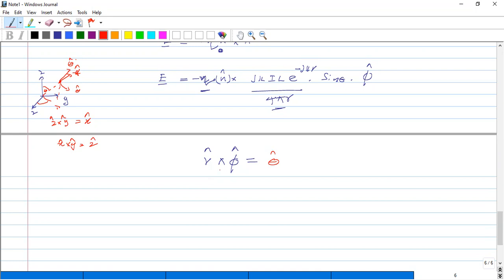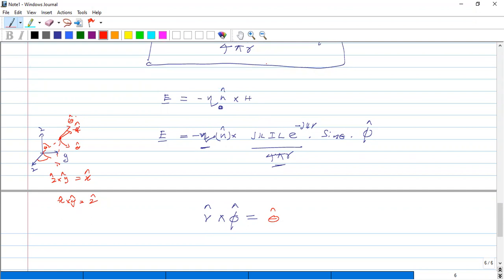Okay, so you can use the right hand rule. These are unit vectors, so the angle between two is sine 90. The angle is 90 because these are perpendicular. Sine 90 is 1. So you have theta hat.